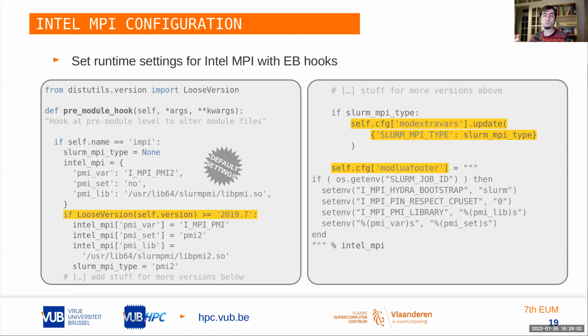And that's useful if you want to do something more than just blindly enable or set some environment variables and you want to do some checks. Like in this case, we check that the module is being loaded inside the environment of a job in Slurm. And in that case is when we enable all the different configuration settings for Intel MPI to actually work with Slurm. And that's it for Intel MPI. There's nothing else that we do to automatically configure it when we install it.